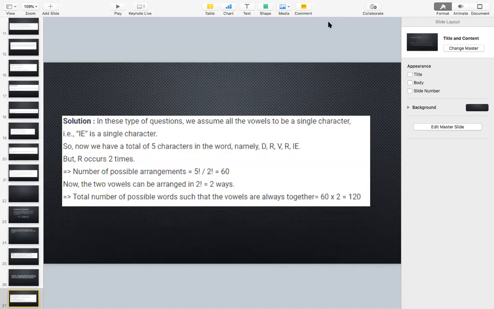Please be careful. You might make some slight mistakes. Always check if there are repetitions or not. You can see that A is getting repeated 2 times here.